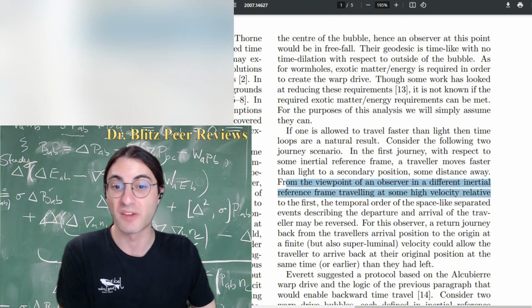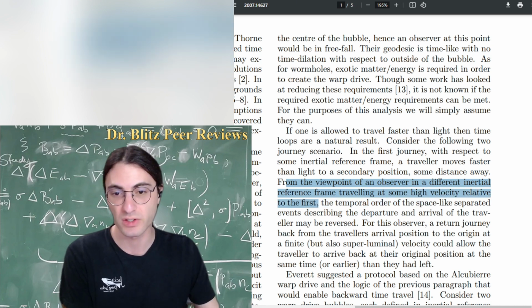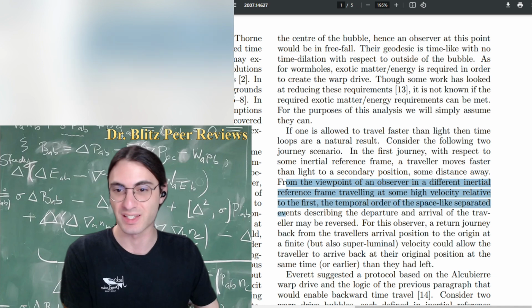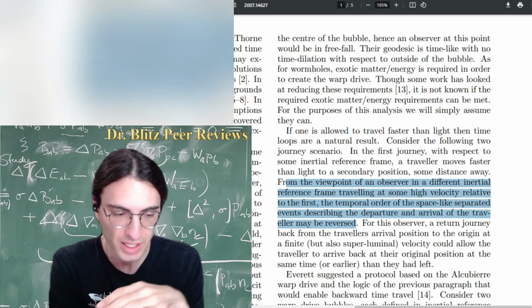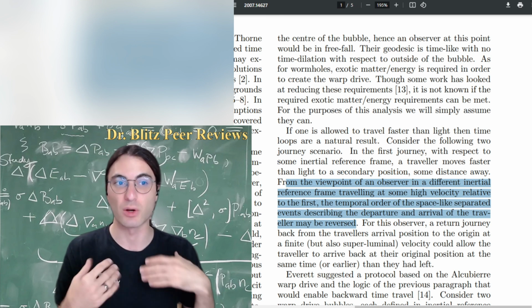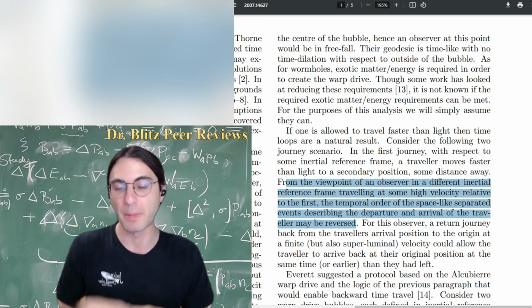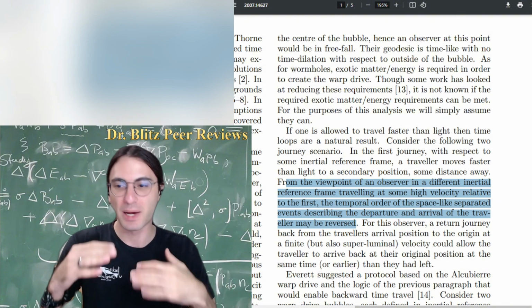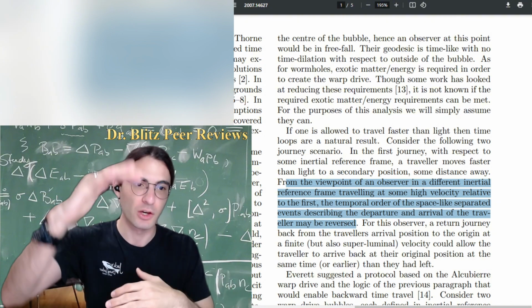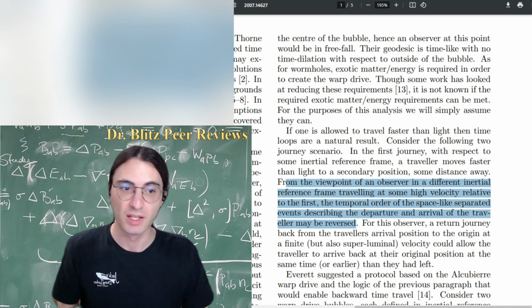So the idea is that depending on how fast you're moving, things that might be simultaneous in one frame might not be simultaneous in another frame. And in fact, if you move faster than light, things that might be past then future in one frame go future then past in another frame.